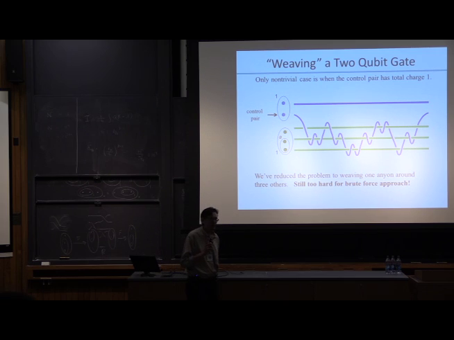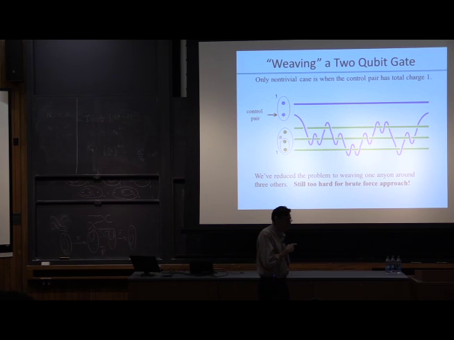there is this crucial issue of the leakage. In other words, the problem here is, as I weave this through, I'll do a controlled something, but in general, I'm going to induce some transition in this qubit out of the qubit space. I'll induce a transition from 1 to 0. So that's one problem. Another problem is that we can never get exactly what we want. Just like in the single qubit rotations, we can only get asymptotically close to where we want to go.